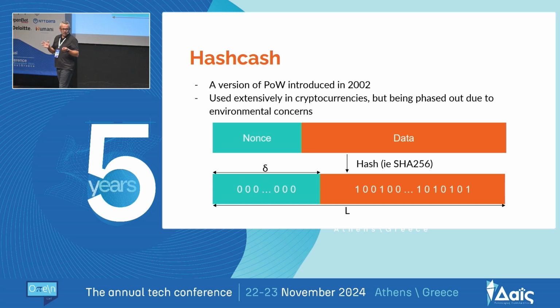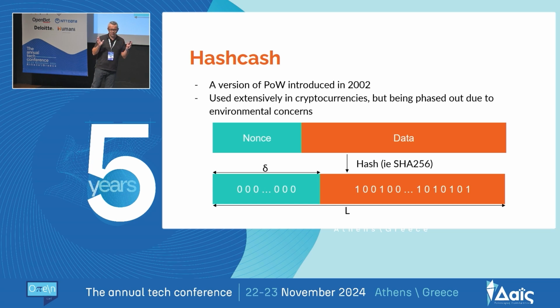So how does this work? It works in the following way. I present to you some data, so the server will send some data to the client, and the client has to select a nonce. The nonce can be chosen in various ways, for example random or sequential. How do I check the difficulty?